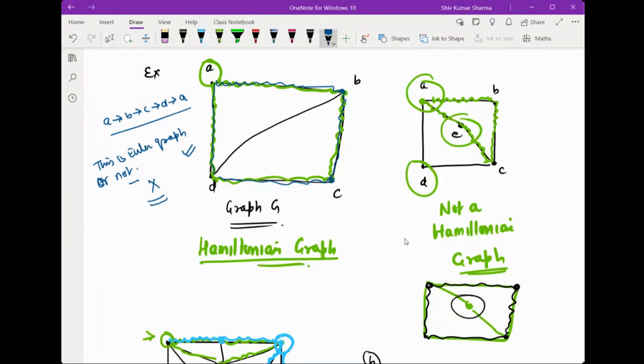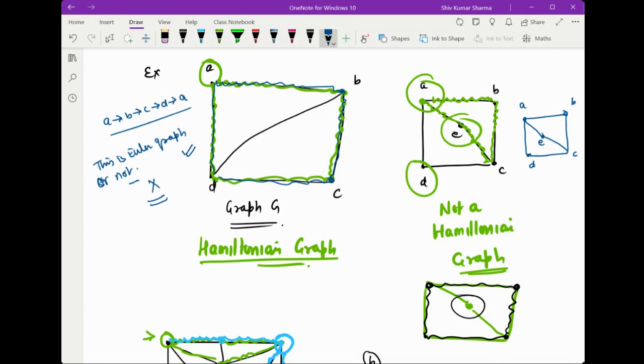For this example, try visiting. This is the original graph, but with one vertex on this side in the middle, so the total number of vertices is 5: A, B, C, D and E. We have to check whether the given graph is a Hamiltonian graph or not.